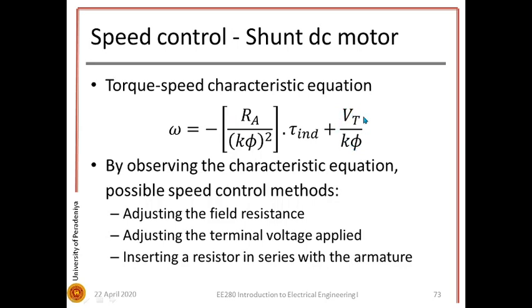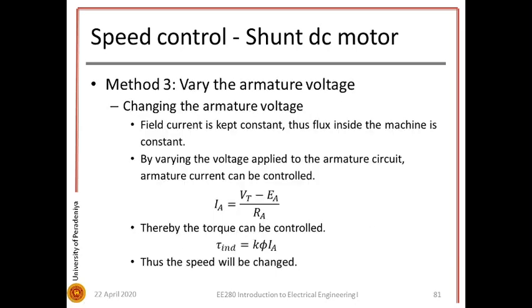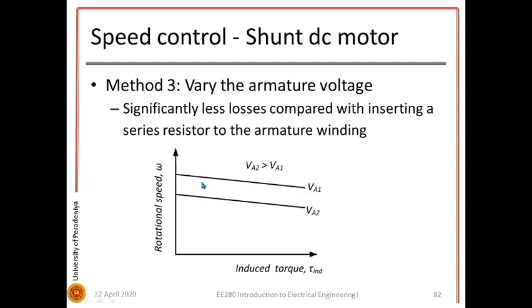Only place where the torque speed characteristic equation is going to change is the intersection point. So when the voltage is high, intersection point would be high, and when the voltage is low, intersection point is going to be low. So that is what is presented here in the torque speed characteristic.